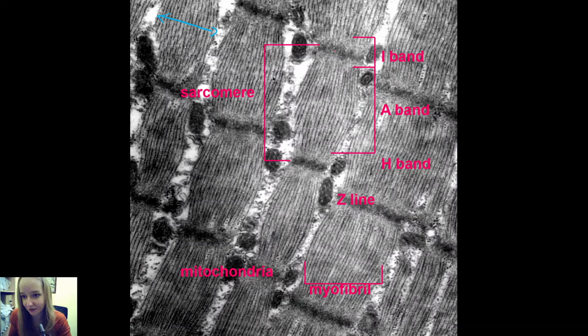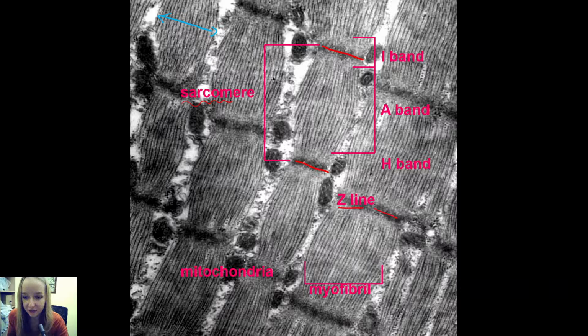Yes, so we have this basic unit that is a sarcomere, which has Z lines, one Z line, this electron dense line here, and this electron dense line here, that's a Z line.